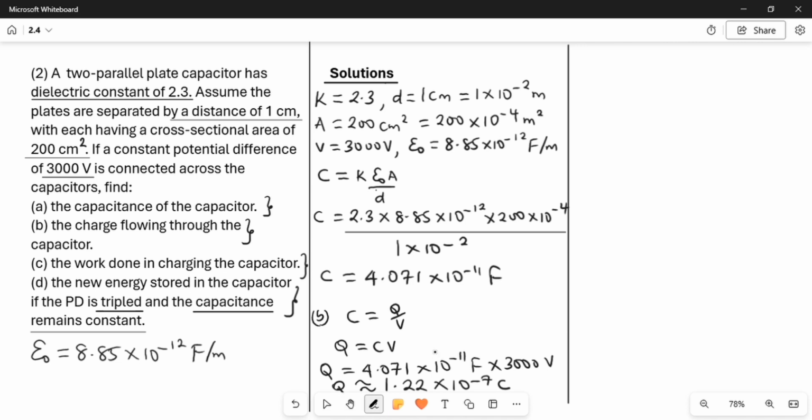And then we want to find the work done in charging the capacitor, and that is W is equal to half CV squared.